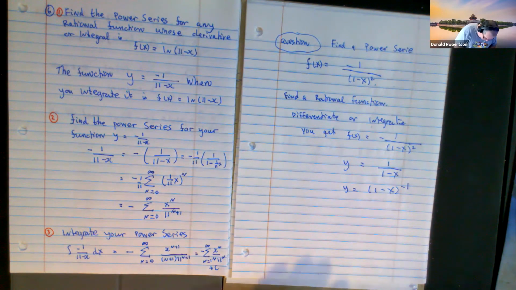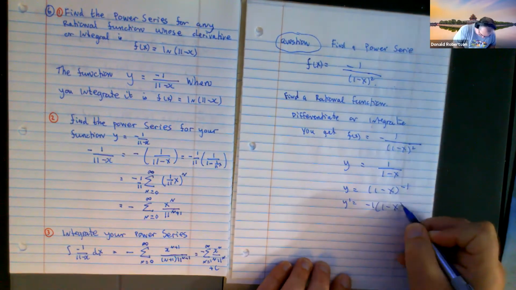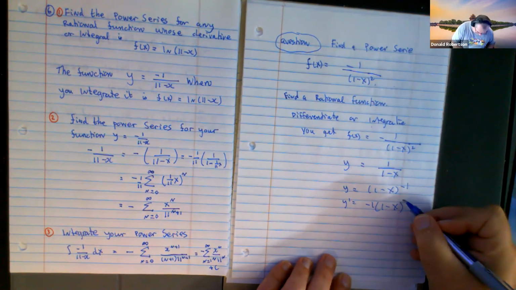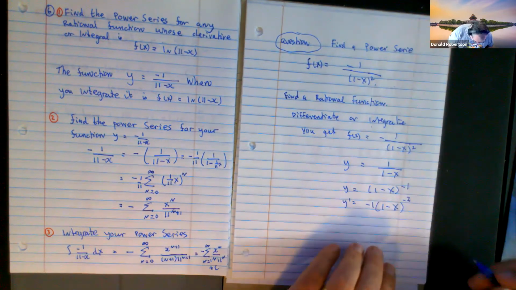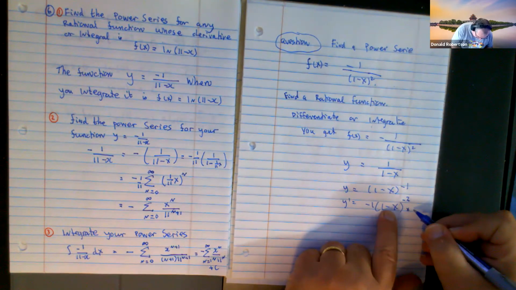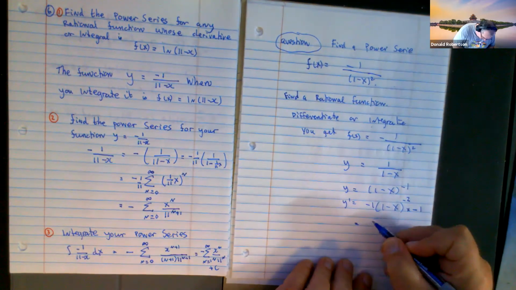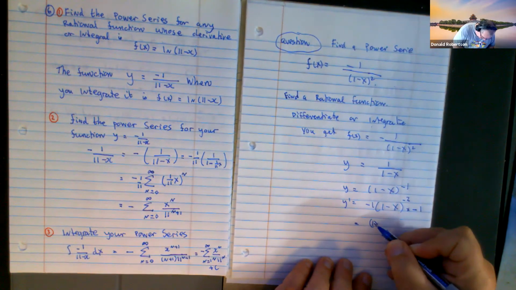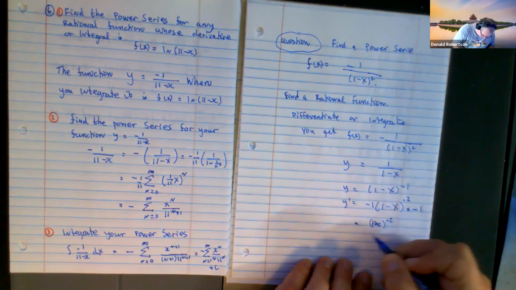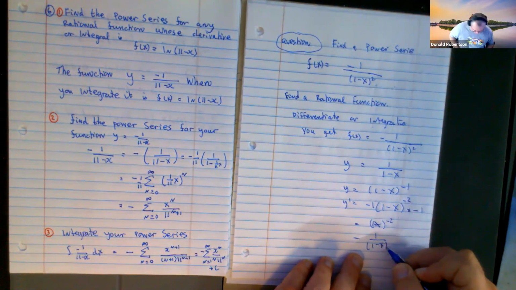And if you want to differentiate this guy, don't you multiply by the power, reduce the power by 1, and oh, wait a minute, don't you also have to multiply by -1? And so what do we end up with is, oops, 1 take away x to -2, and that is 1 over 1 minus x squared.